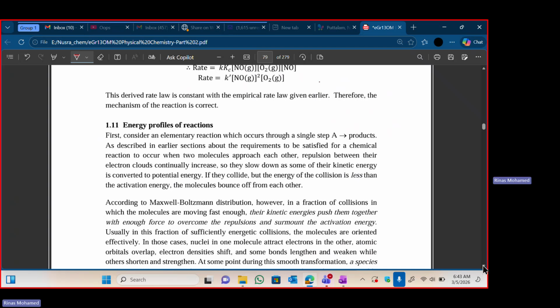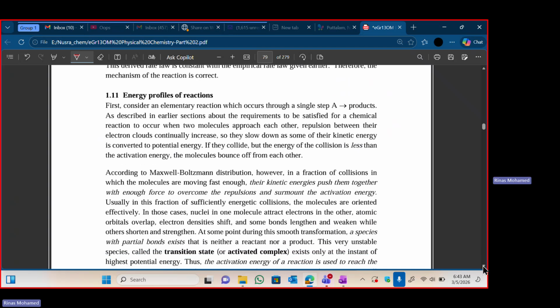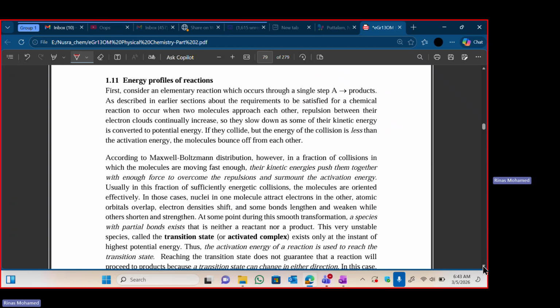You know, it is by collisions of molecules, only an effective collision will lead to producing more products, right?